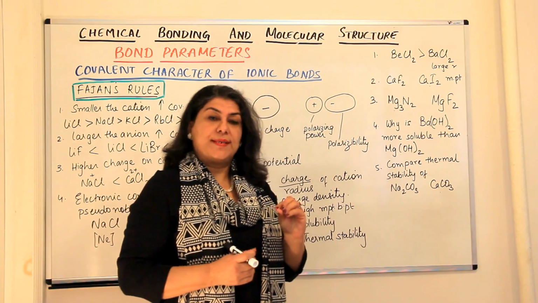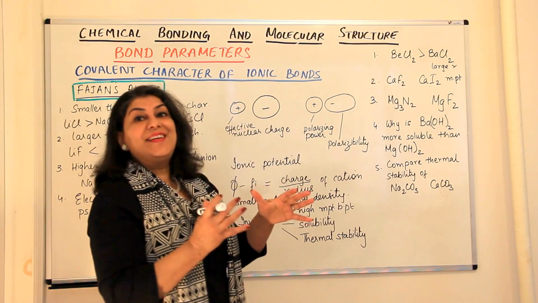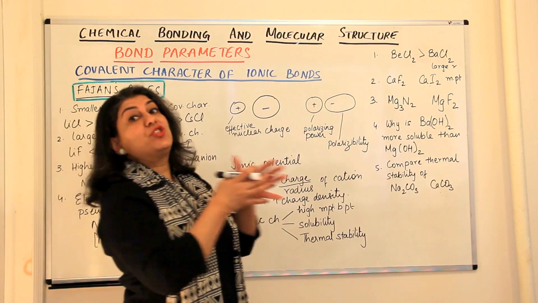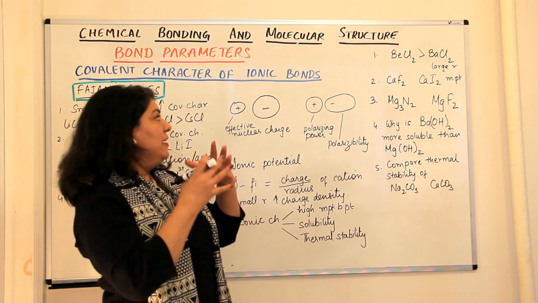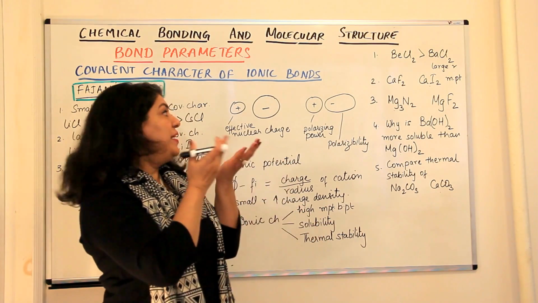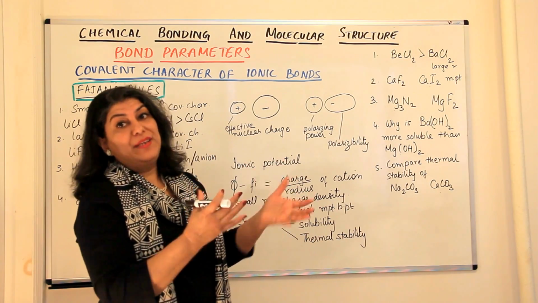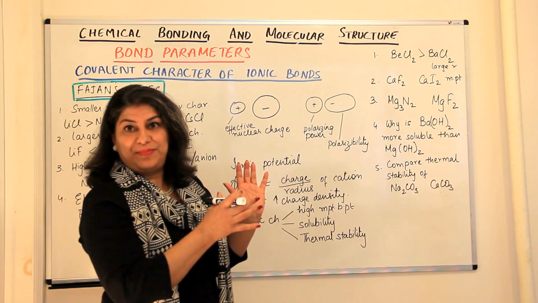So what do we notice? That the larger an anion is, the easier it is for its electrons to get distorted or attracted by the cation. And the larger it is, the more is its polarizability, the more is the ease for the anion to get polarized or distorted.